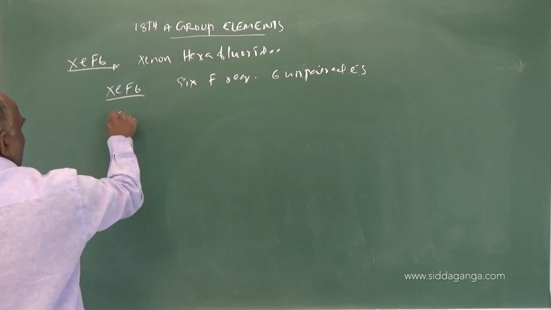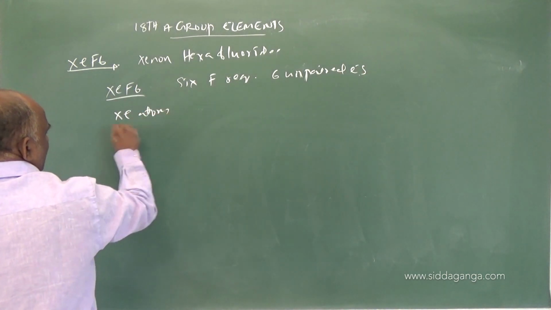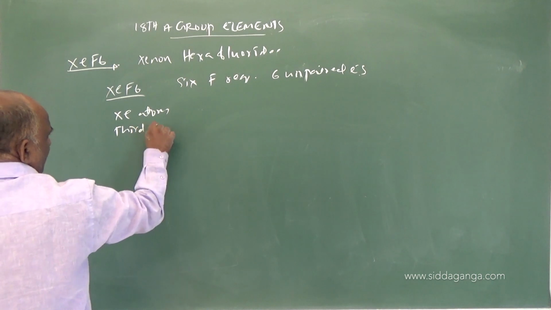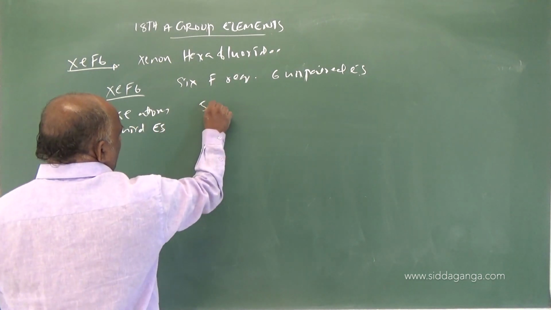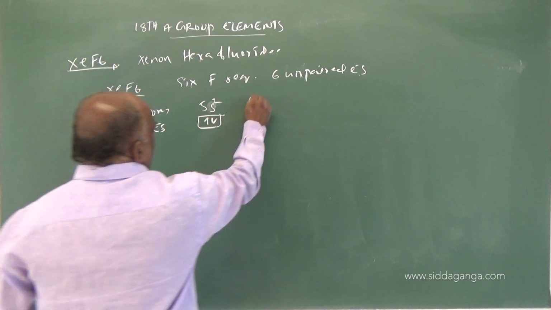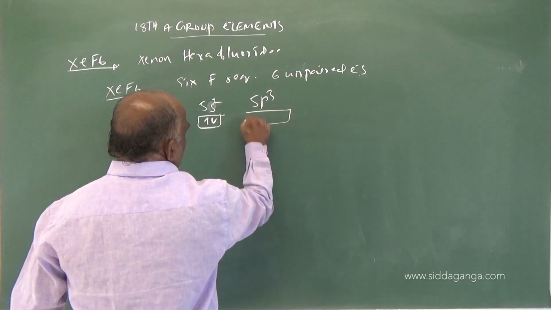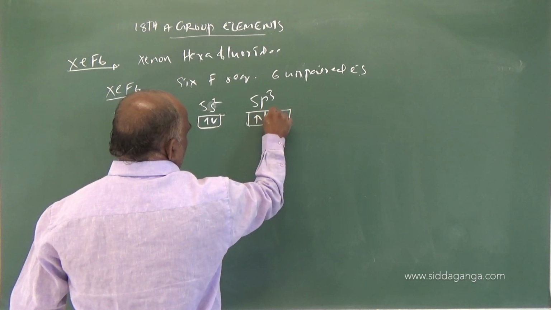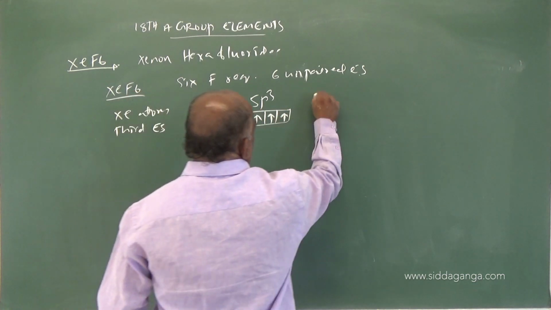So Xe atom, third excited state: 5s2, 5p3, 5d3.